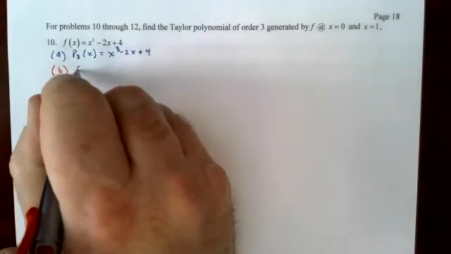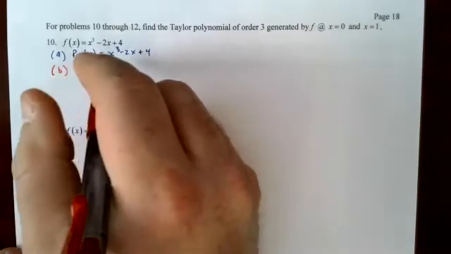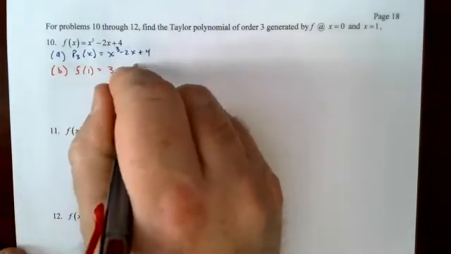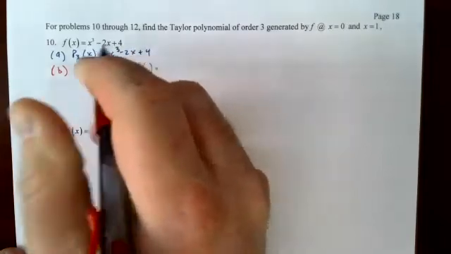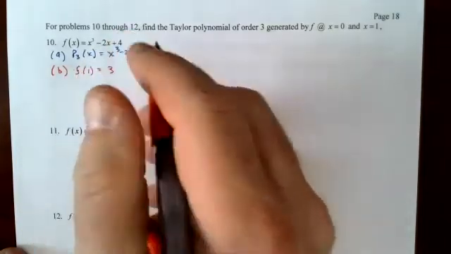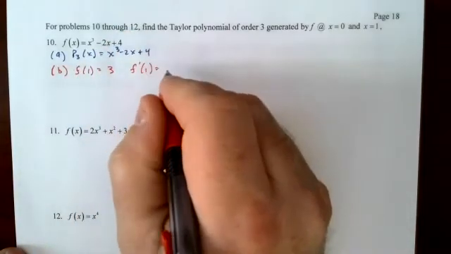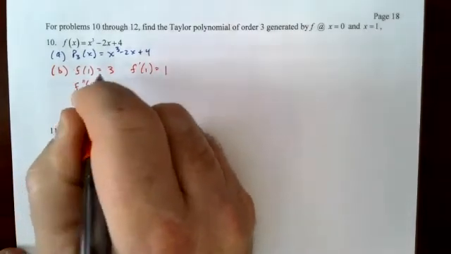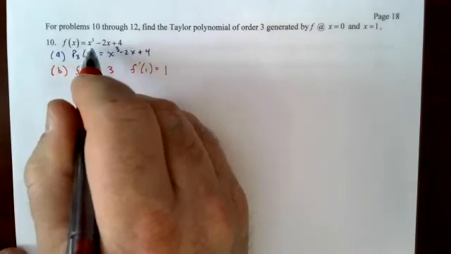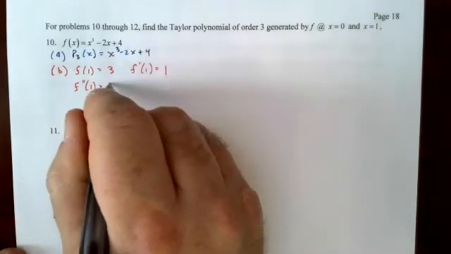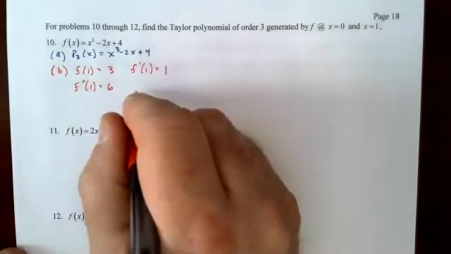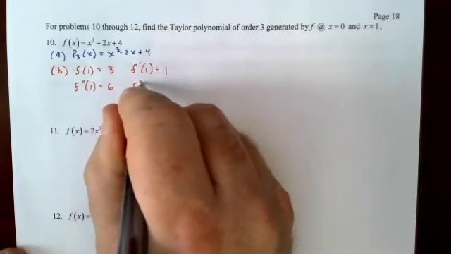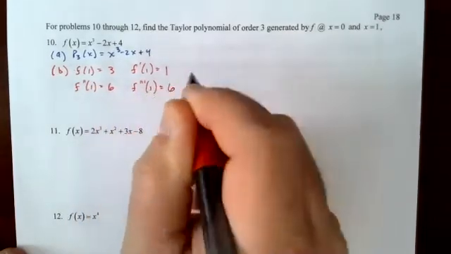All right, so f of 1 equals 3. F prime of 1 equals 3 minus 2, 1. F double prime of 1 equals 6x, 6. And f triple prime of 1 equals 6.